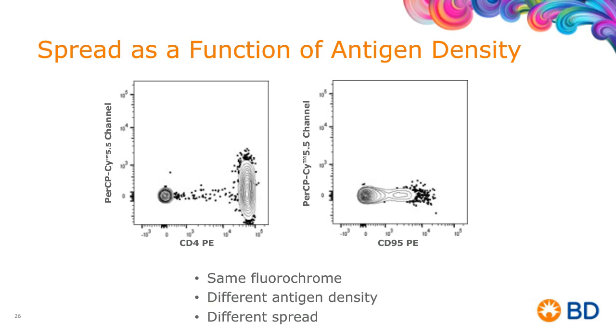So if you think back to your spread matrix, and you saw the spread from CD4 that would be red, it might lead you to the fact that maybe you can't use that color or a specificity on there. Well, you can. You just have to find the receptor that is expressed much less. So it's not a bad channel, only if you have a lot of receptors.